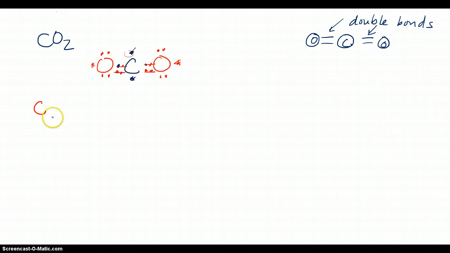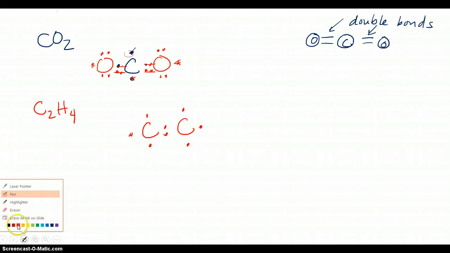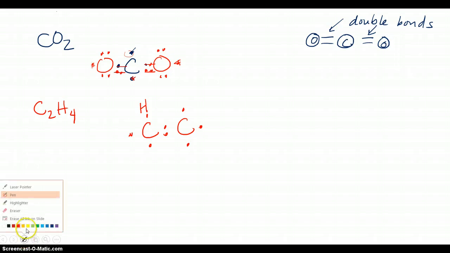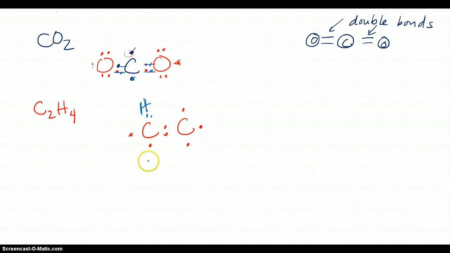How about C2H4? I'm going to have you work through this one by yourself and then check your answer. So give it a try. So hopefully you have set up your Lewis structure to look like this. We're going to add 4 hydrogen bonds.